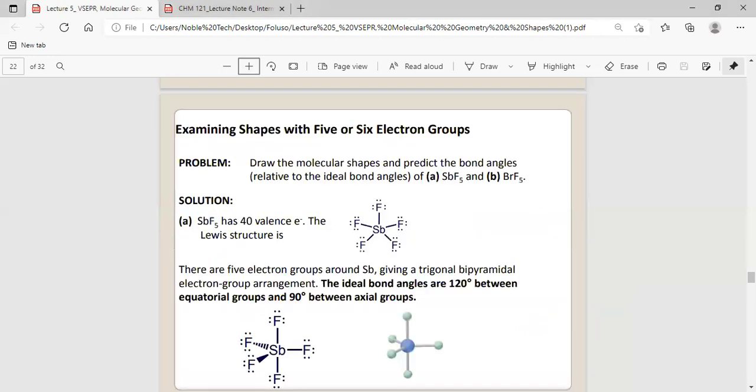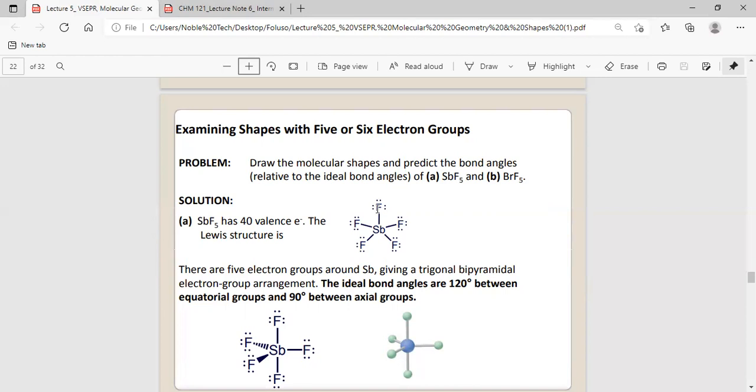Now, if we want to examine shapes of molecules that have 6 electron groups or 5 electron groups, for instance, we have antimony pentafluoride and bromine pentafluoride. If you look at antimony pentafluoride, antimony in this case has an sp3d hybridization, which is a trigonal bipyramidal structure.